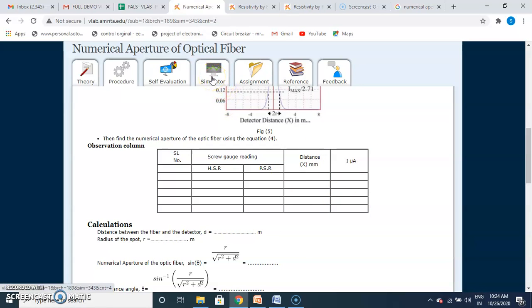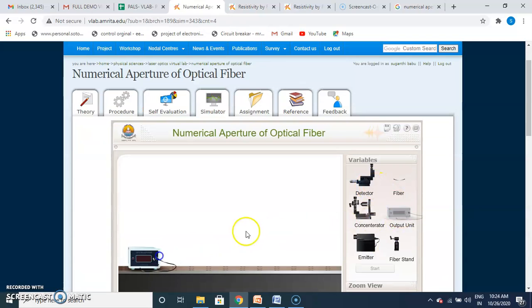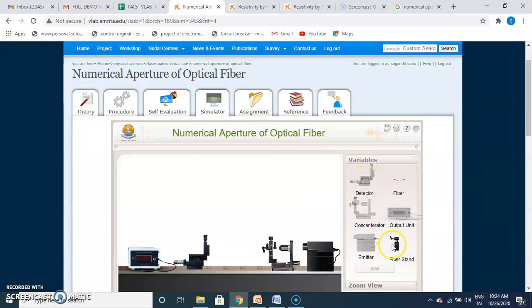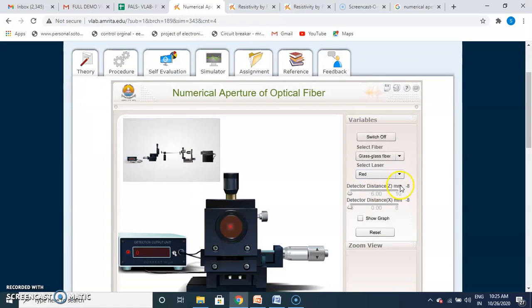Once again I'll tell you. Go to the simulator, drag all the equipment: output unit, detector, concentrator, emitter, fiber stand, fiber. Now start the experiment, switch on. I'm selecting the glass optical fiber and selecting green.